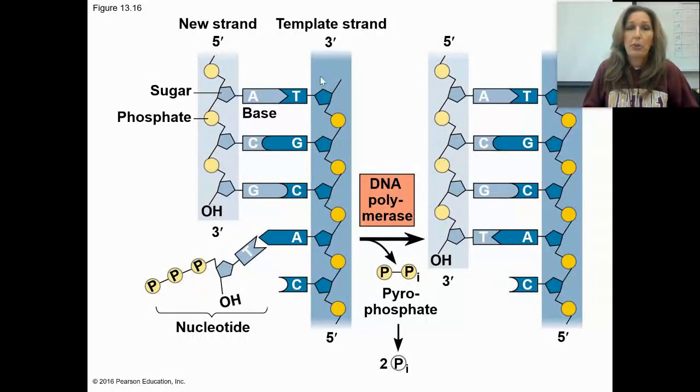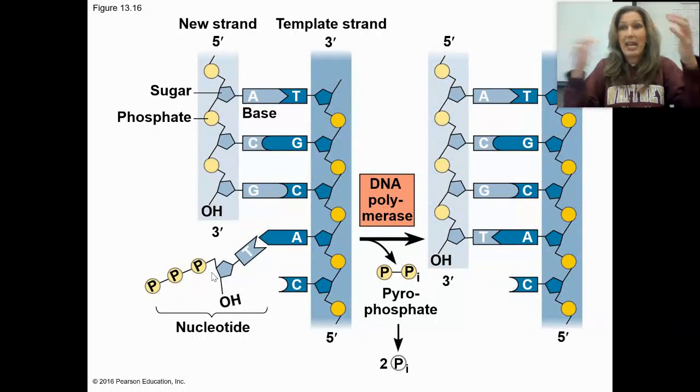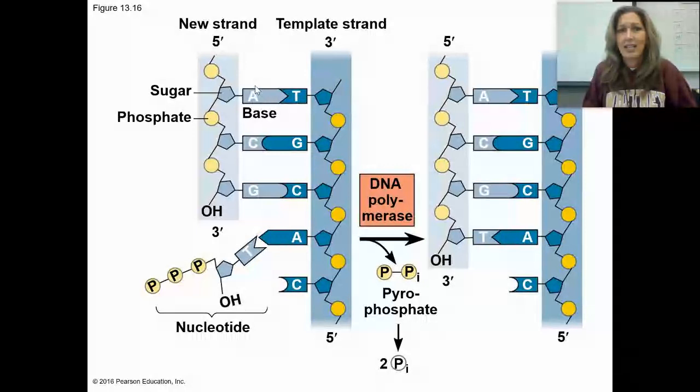Now, what I also need to point out is that our free nucleotides are used because this is an energy requiring process. Instead of having ATP and all sorts of energy, well, ATP is essentially a nucleotide with 3 phosphates on it. So it's the adenosine with 3 phosphates.